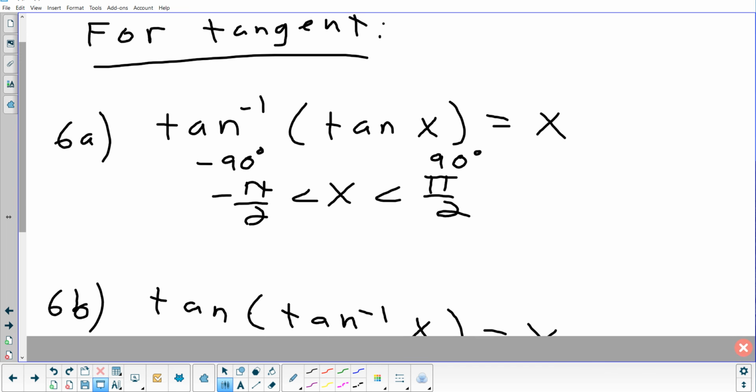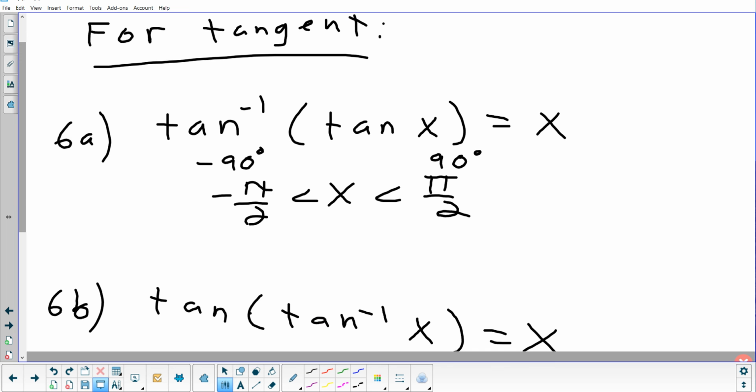Now, when you switch it and look at it the other way around, the restriction on the variable here is always how high and low the graph goes. Sine and cosine both were between 1 and negative 1. Well, let's look at tangent.